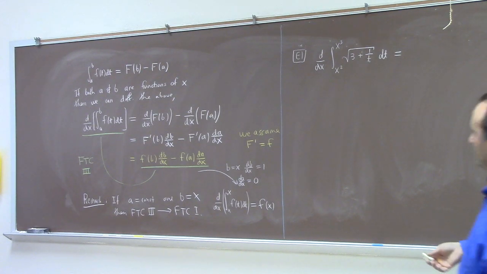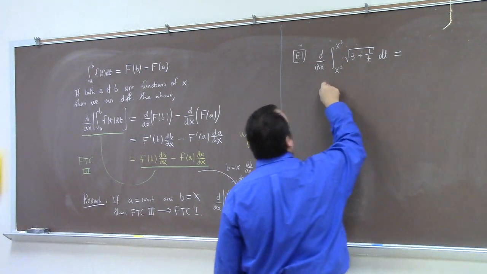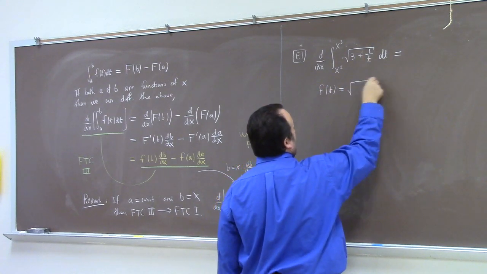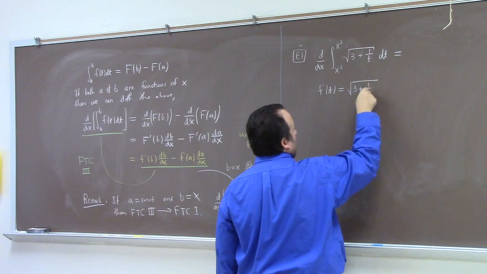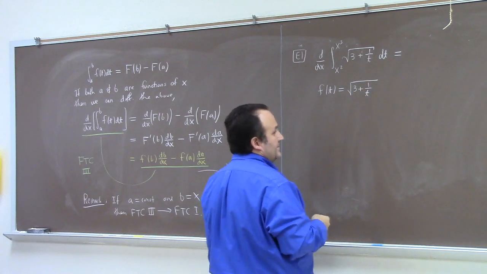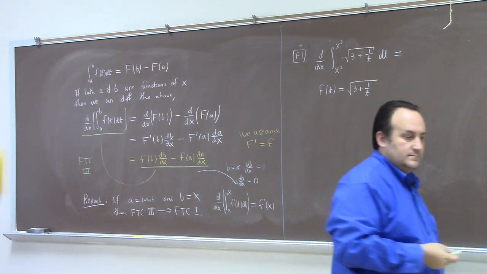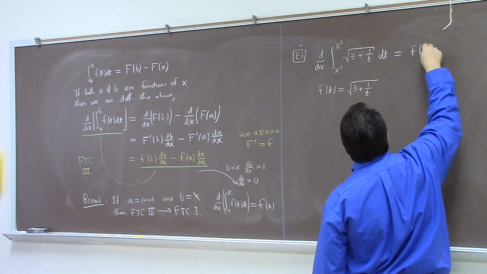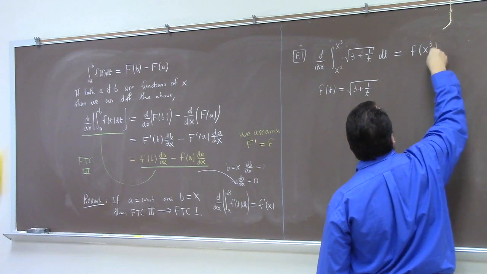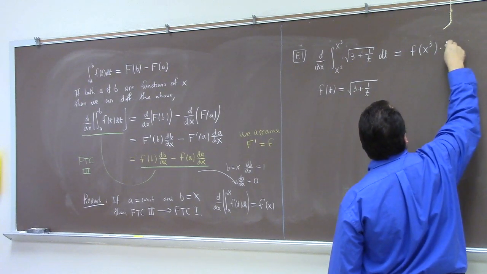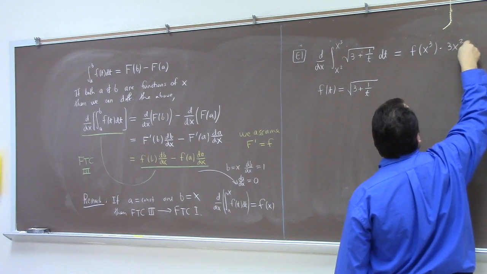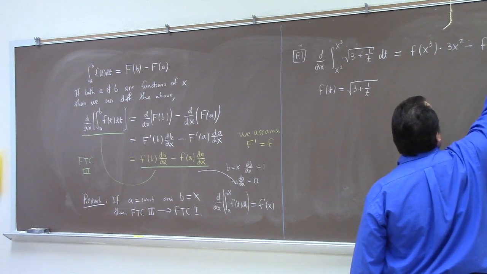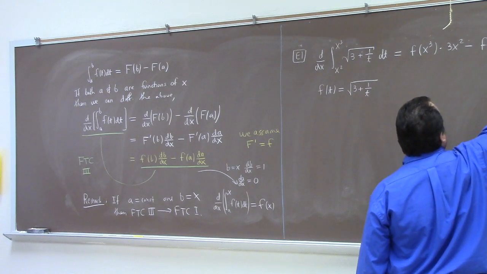So identify here little f of t. So we're going to do f of x cubed times 3x squared, minus f of x squared times the derivative of x squared, which is 2x.